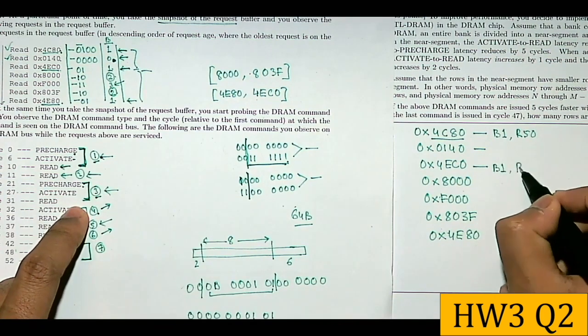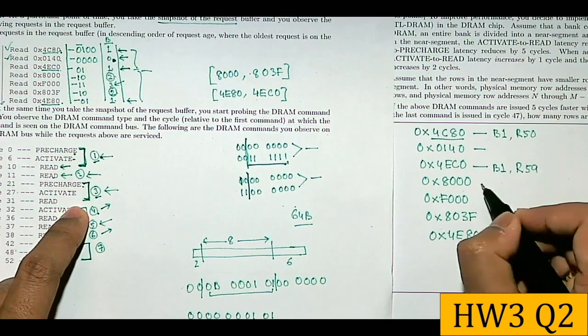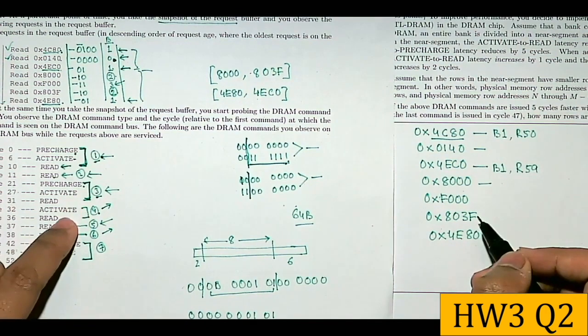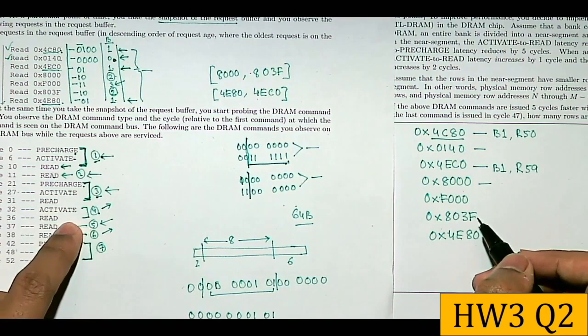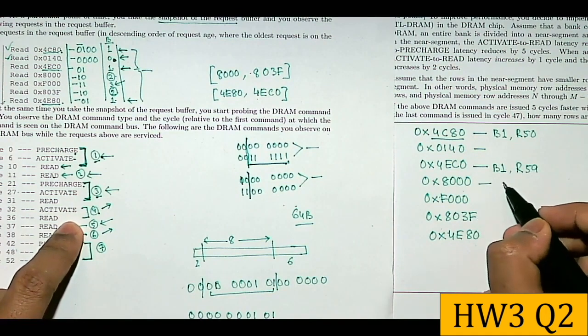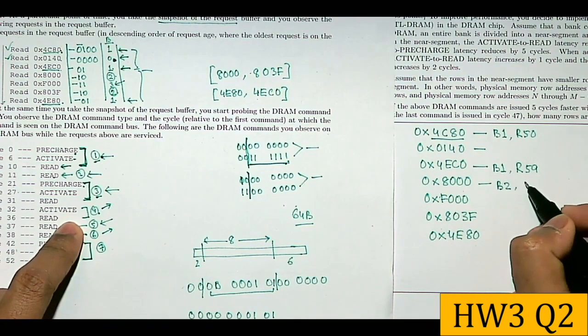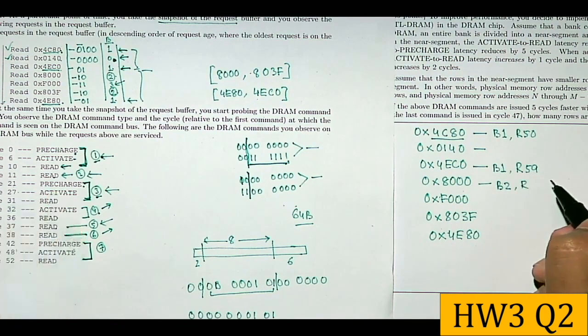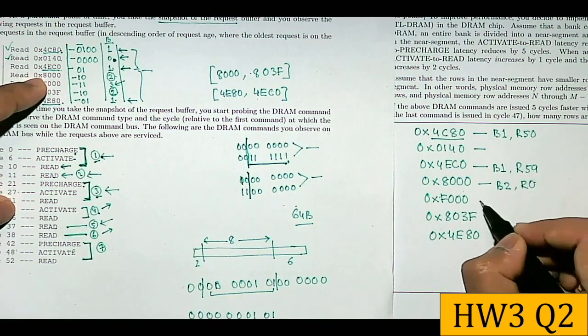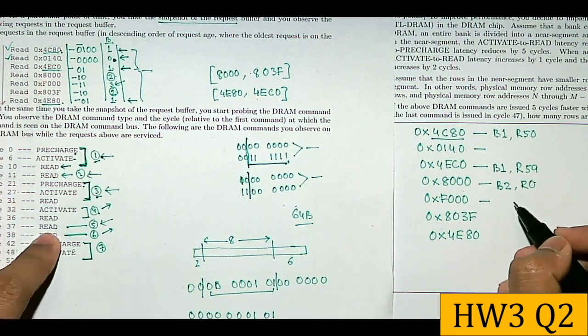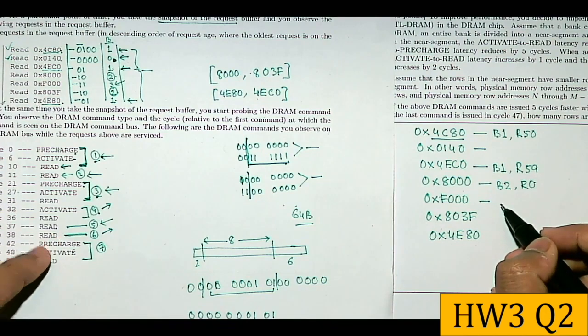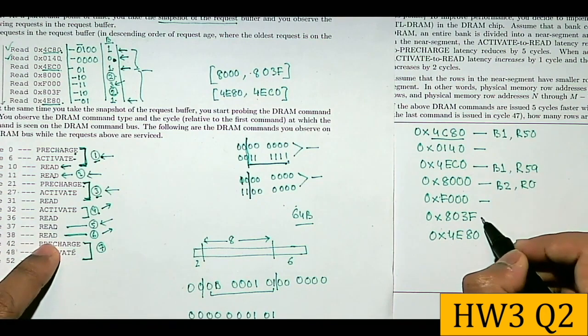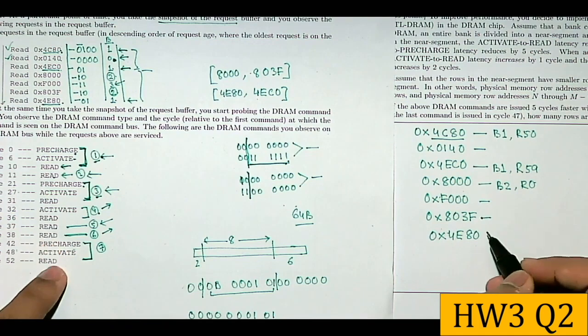This is row 59. I know this. Now this is an activate to read. This guy is for bank 2. And this is for row what? I believe it's 0. This guy is again a hit, so we are not considering it for now. This guy is again a hit. We are not considering it for now.